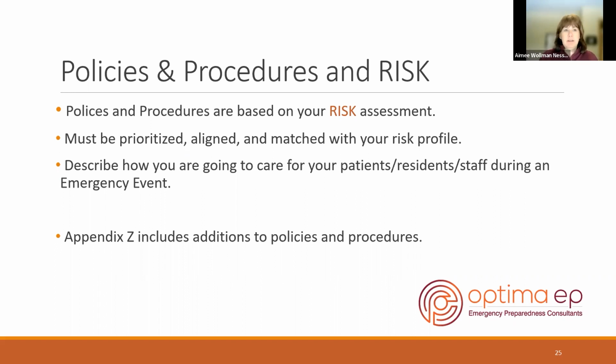If your top risk is acts of threat or violence, someone coming into your facility and causing harm to people, then you need to have a policy or procedure in place for how you're going to lock down your facility, or how you're going to manage or mitigate the potential for a bad actor to come into your facility. So always be thinking about that risk assessment when you're reviewing your policies and procedures.